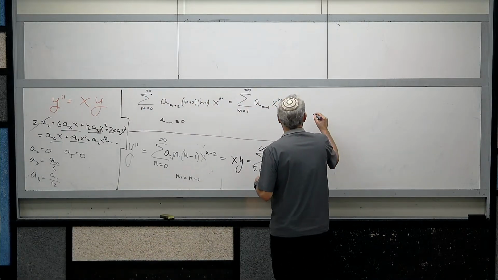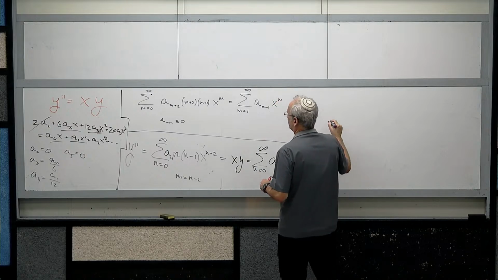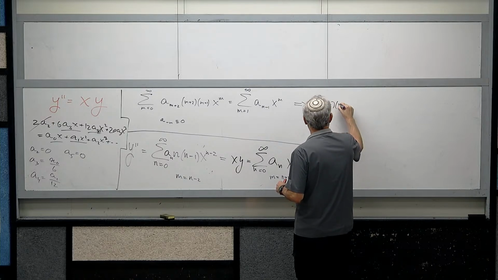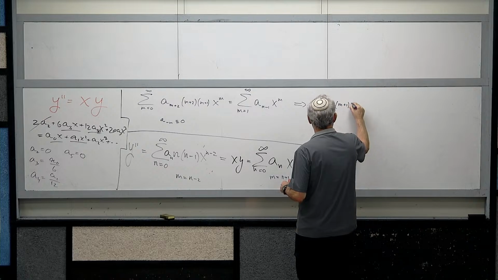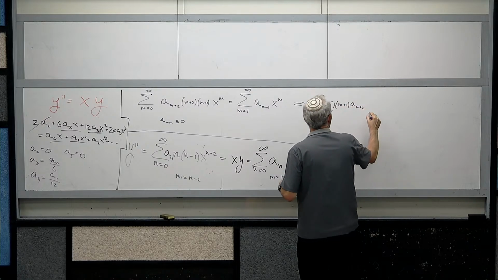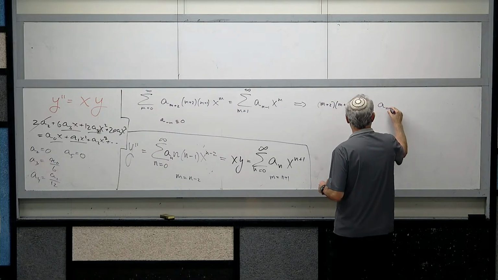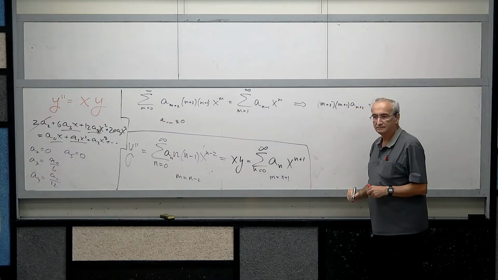Actually, what we can deduce from here is that (m+2) times (m+1) times a_(m+2) is equal to a_(m-1).